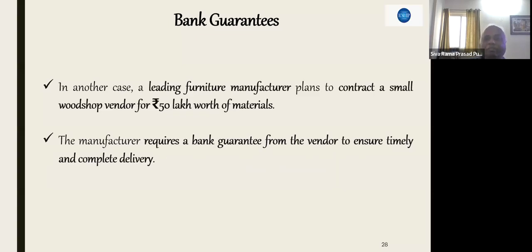In another case, a leading furniture manufacturer plans to contract a small wood shop vendor for 50 lakhs worth of material. The manufacturer requires a bank guarantee from the vendor to ensure timely and complete delivery. Take for example BHEL, Bharat Heavy Electricals Limited, or Reddy Labs, or GMR.